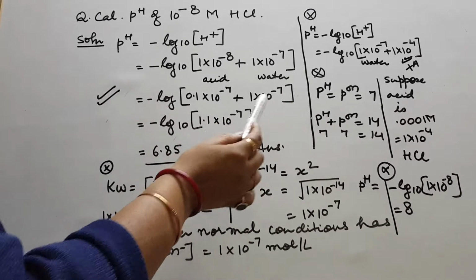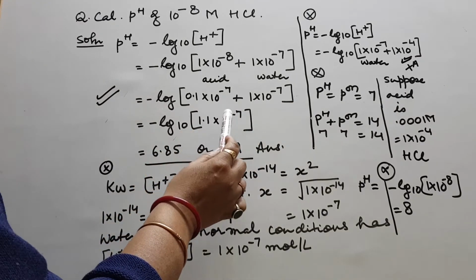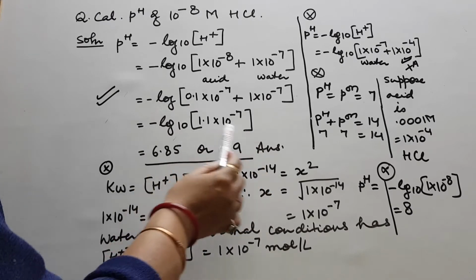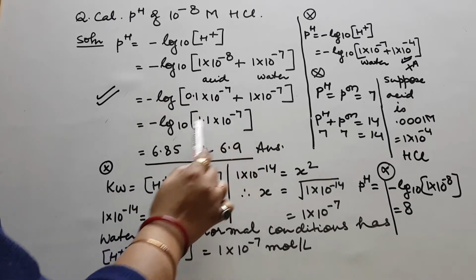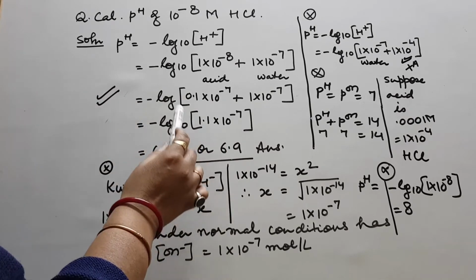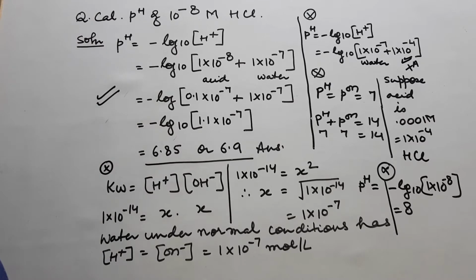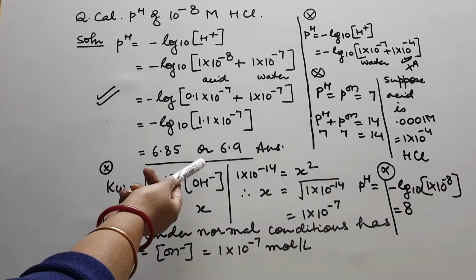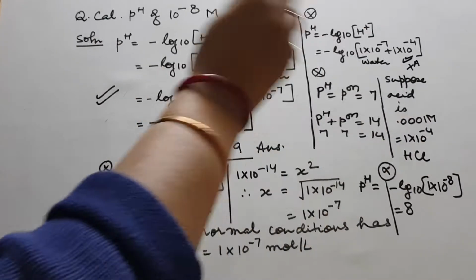You simplify, you add up, it becomes 1.1 into 10 to the power minus 7. You calculate. Had it been just 1, the answer would have been 7. Since it is 1.1 and here we have minus log, definitely I know the value will be lower than 7. So nearly 6.85 or 6.9 or 6.9 something, whatever.